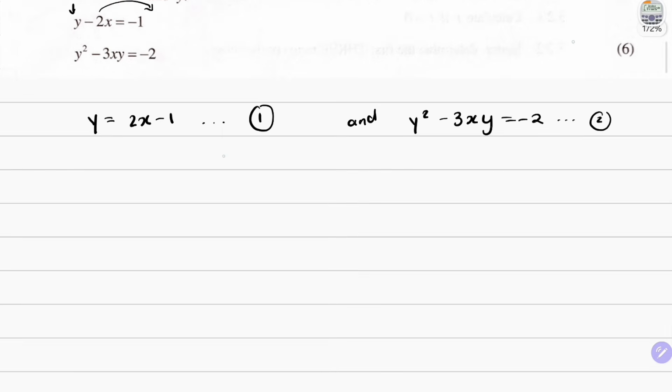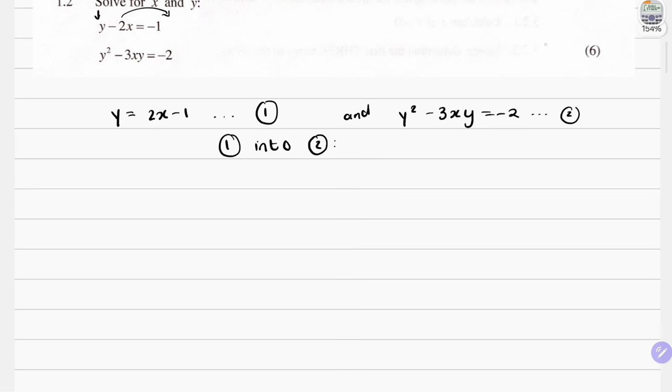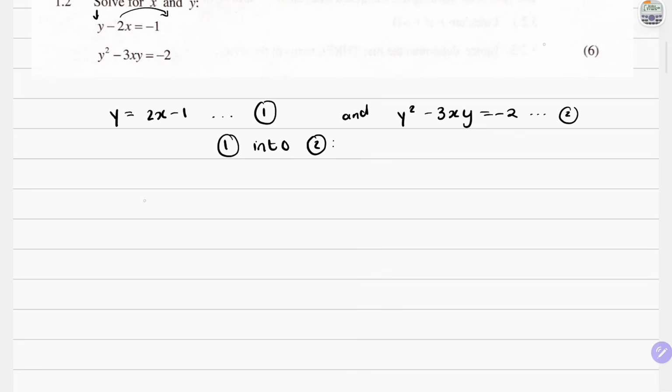And now to solve for x, we can substitute equation 1 into equation 2. So wherever we see y, replace it with 2x minus 1. So we say y squared, so we'll say (2x minus 1) all squared, and then that's minus 3x, and then multiply by again (2x minus 1), and is equal to negative 2.